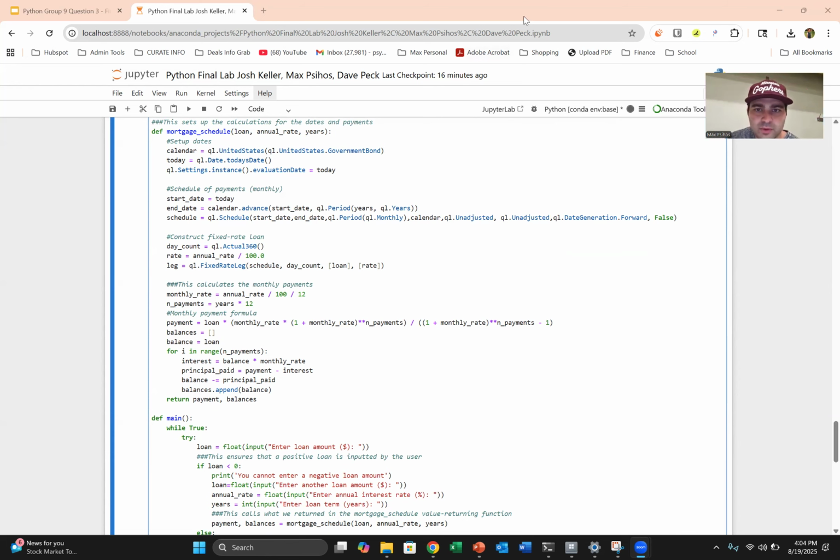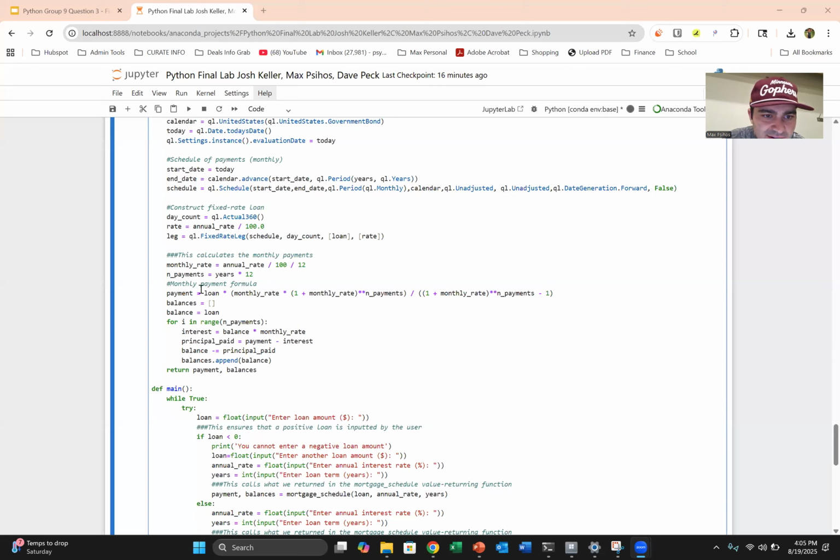Here we go. All right, so to define our calculation down below, after we have accumulated our user inputs and Quantlib has defined our parameters for the equation, the first thing this calculation does is take the annual rate, divide it into a percentage, then divide it into 12 months so we can have a monthly rate. We also convert our number of payments from years times 12, so we can convert it into months to get like terms.